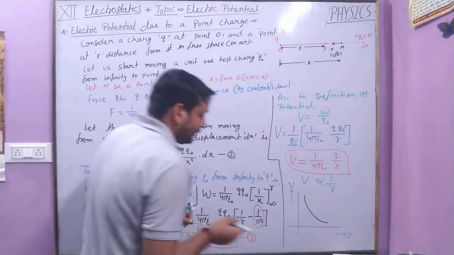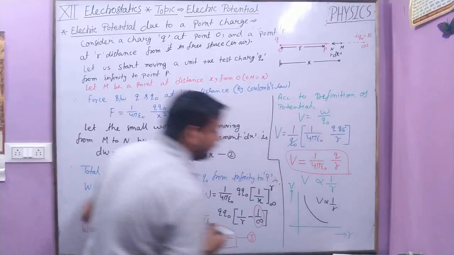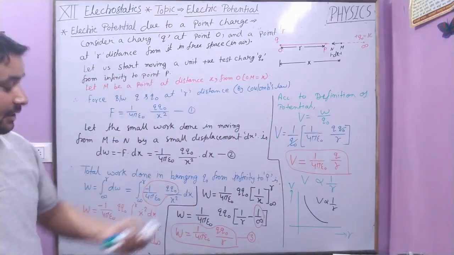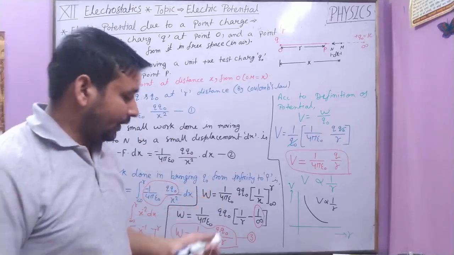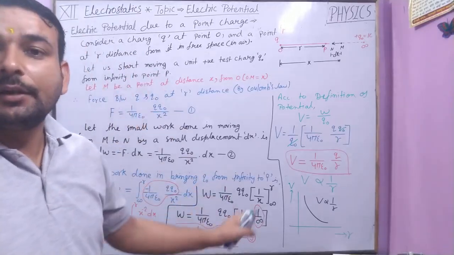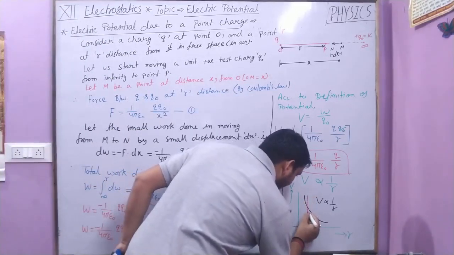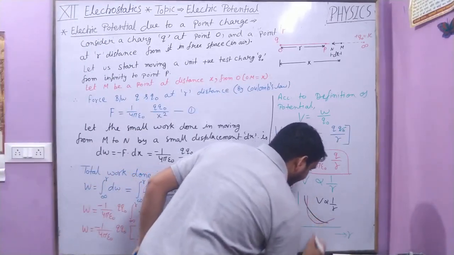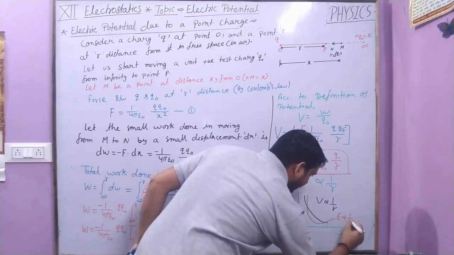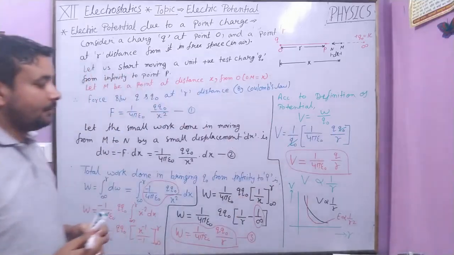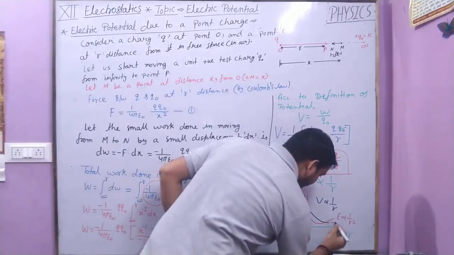This is the representation, and you can also represent the value of electric field due to a point charge, which is like that. This is the electric field due to a point charge. Just understand the difference between the two graphs.